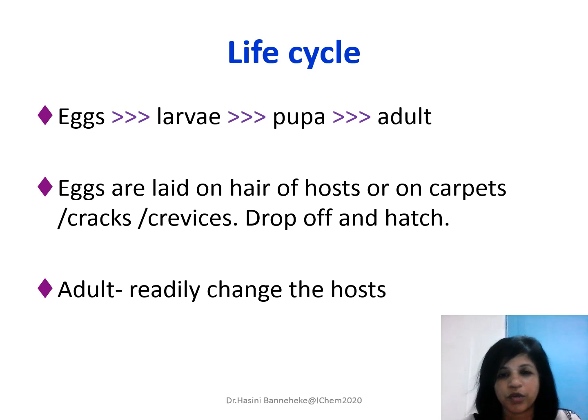That means if it is a rodent, a rat, a dog or a cat, their hair can contain eggs, or the eggs could even be on carpets, on surfaces, in cracks and crevices, the cracks that are on the walls, and even on certain structures. And what happens is they drop off and hatch and release the larvae. Generally the adult stage, that is the flea, can change from one host to another.